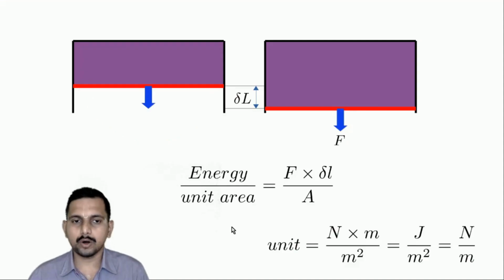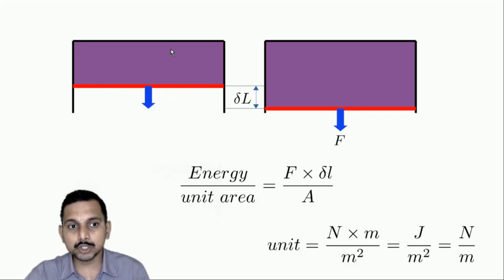Surface tension can also be interpreted as the energy required to create new interfaces or new surface of liquids. Now how do we understand this? Let us consider a C-shaped rod and another rod which is supporting a soap film in between. If you extend this soap film by a small length, you require a force.